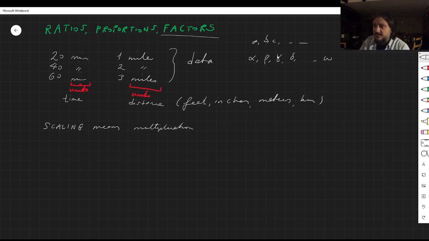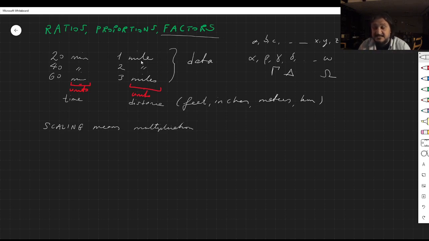You also have the capital versions, like a capital omega, delta, gamma, and so on. And of course, there's X, Y, Z on the other side of the English alphabet. They are used a lot. So let's use those for this part of the data.